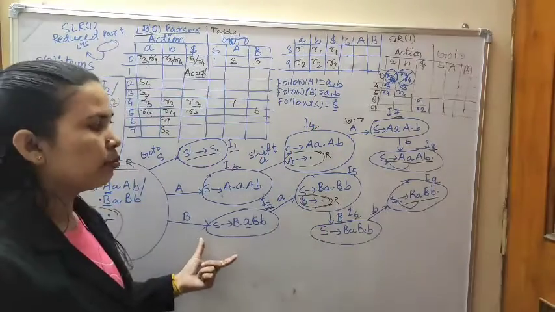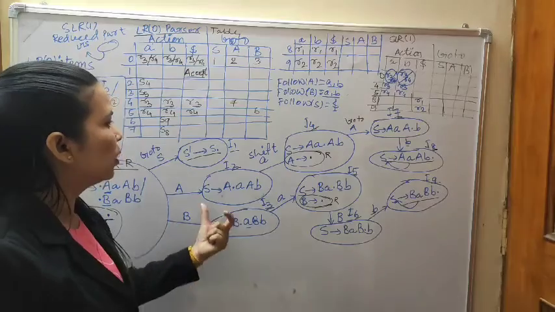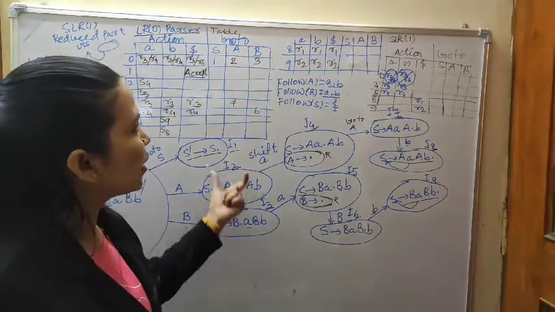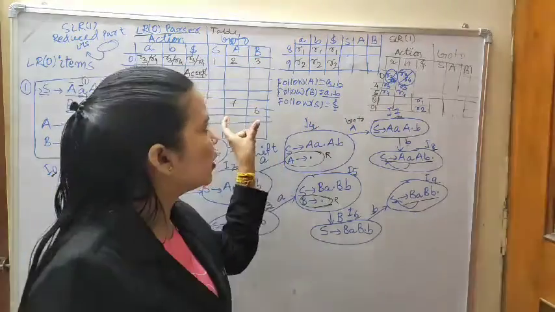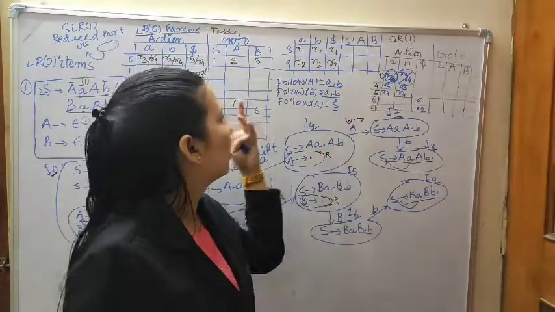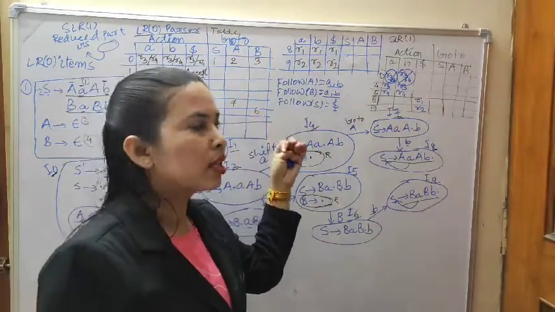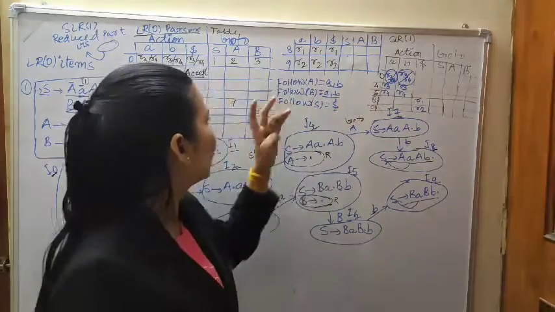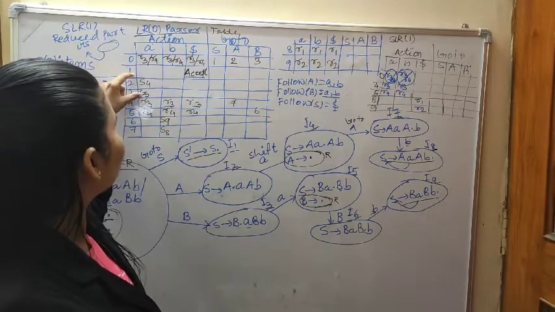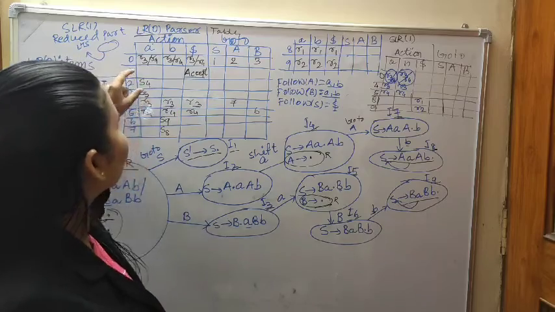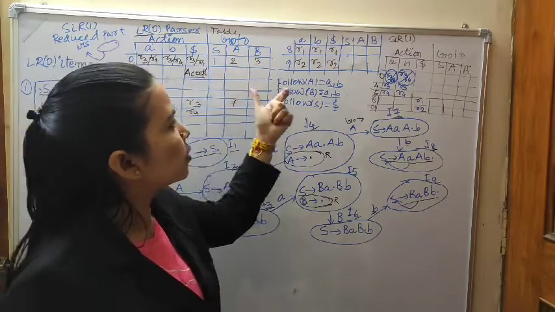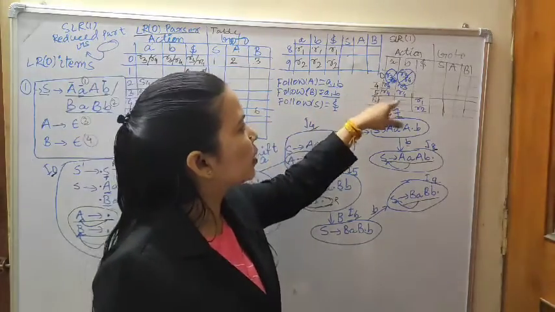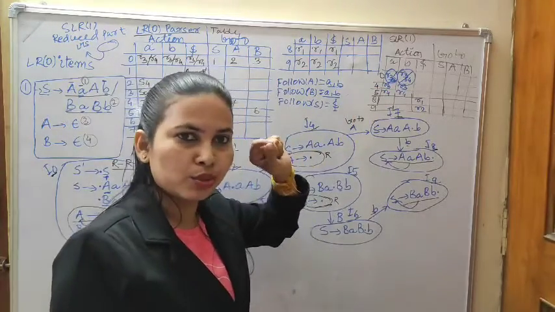The canonical collection of LR0 items is the same for both tables, only the parser table is different. Which part is different? The reduced form. The reduced form is different because look at the shift part, shifting and goto are the same in both tables, only the reduced part is different.